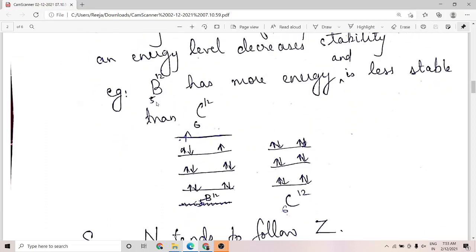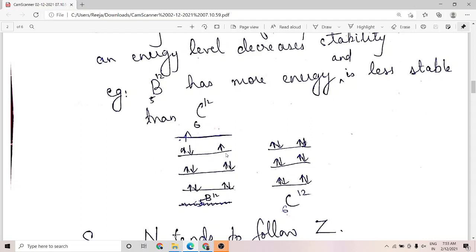See, boron has 5 protons. That means boron has 5 protons and 7 neutrons. So, let us see how they are filled. In the first nuclear energy level, you fill 2 neutrons of opposite spin and 2 protons of opposite spin. Second energy level, again 2 neutrons of opposite spin, 2 protons of opposite spin.